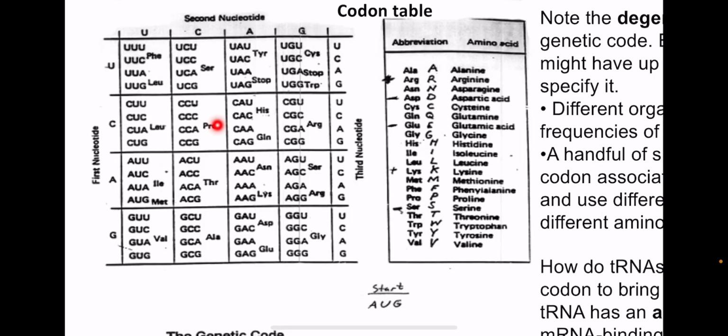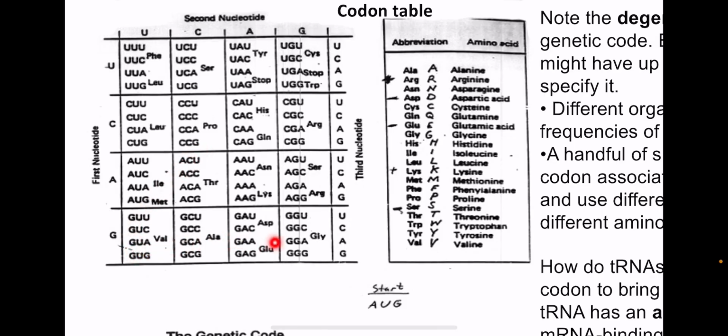Let's take some examples. Proline has four codons: CCU, CCC, CCA, CCG. So this is codon degeneracy.